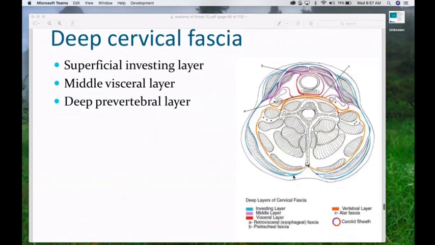So this one is the superficial, investing, middle visceral layer, and deep prevertebral layer.